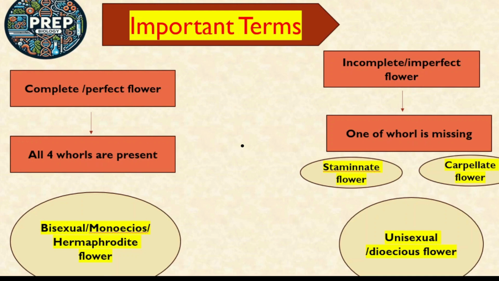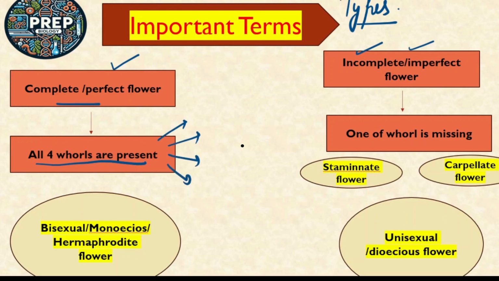Now let's talk about some more important terms regarding this lecture, that is the types of flower. We have two types: complete or perfect flower, and the second type is incomplete or imperfect flower. What is a complete flower? When all four whorls are present in the flower. What are the four whorls?